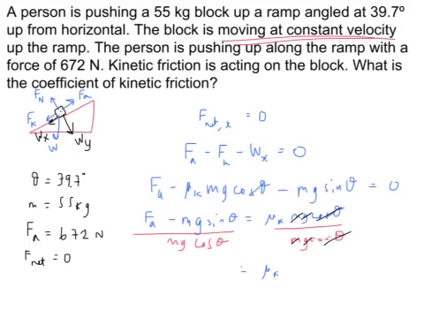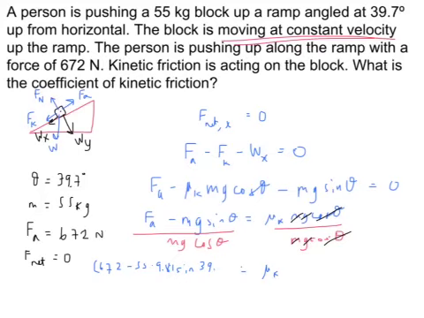It's Fa, which is 672. Put parentheses around this. Minus 55 times 9.81. Times the sine of theta, 39.7.